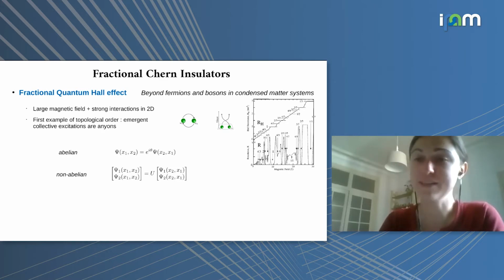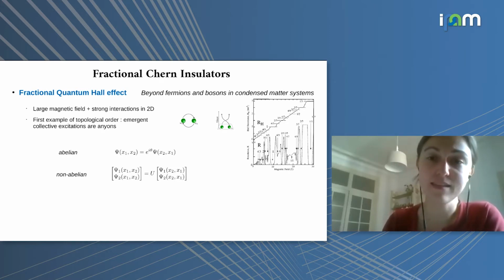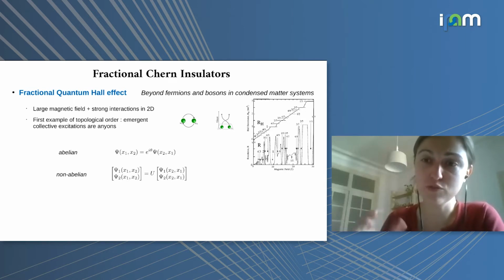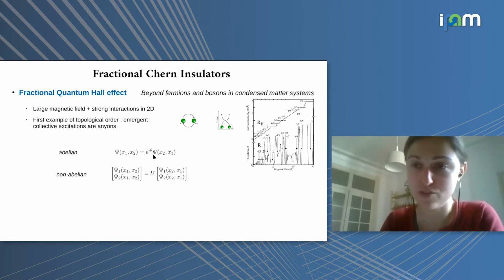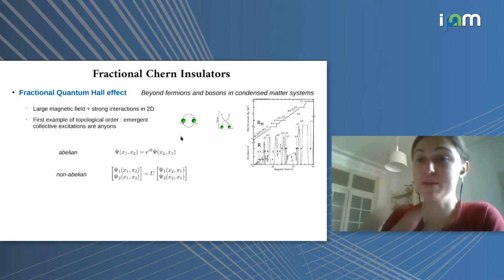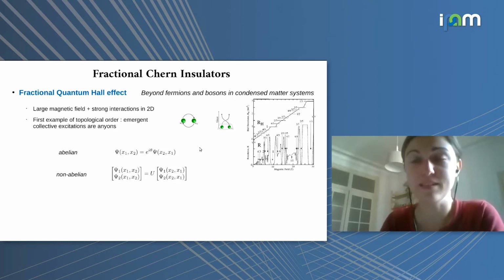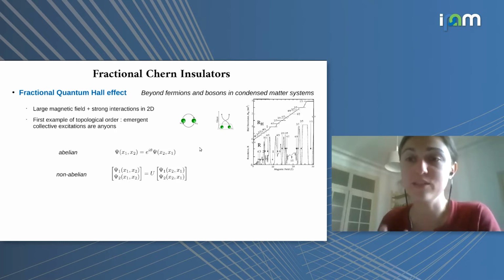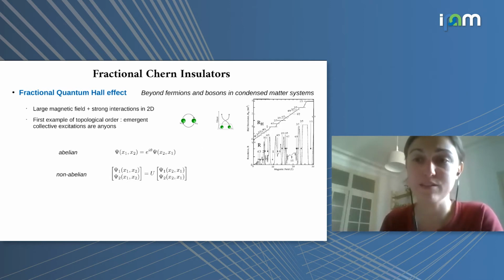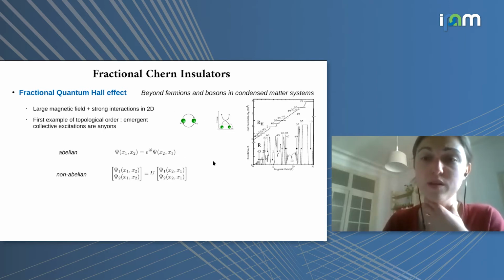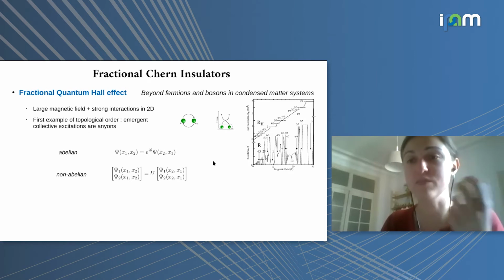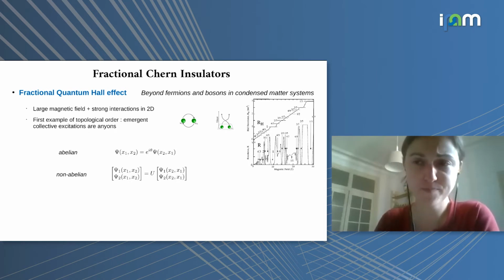For example, for abelian anyons, when you switch their position, your wave function will acquire a phase, which is just a complex number. It may be even more interesting in the case of non-abelian anyons, where the position of all anyons in the system is not enough to fully characterize the quantum state. There is a degeneracy, and this exchange process will do a rotation within this degenerate manifold.